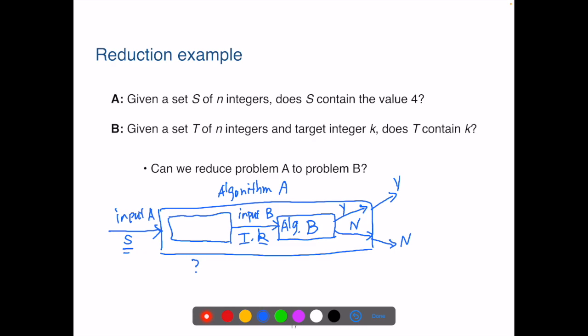We can simply let T be S and K be 4. So if we give S and 4 to algorithm B, algorithm B will tell us, does S contain 4? If the answer is yes, then we also have the yes answer to problem A, and vice versa.